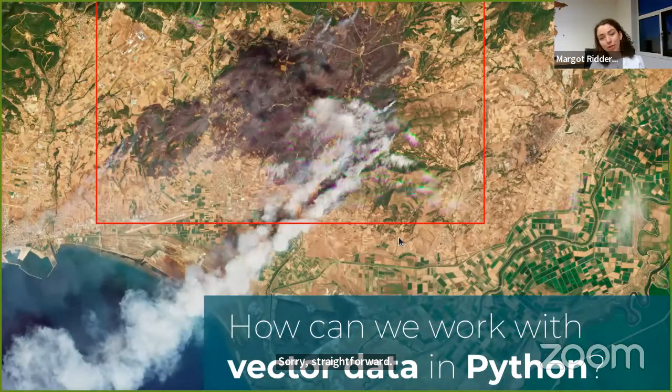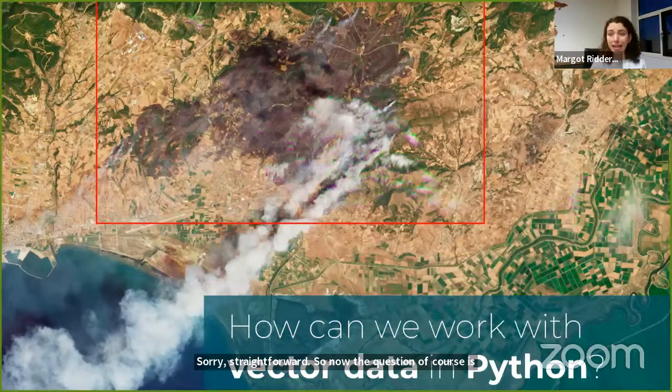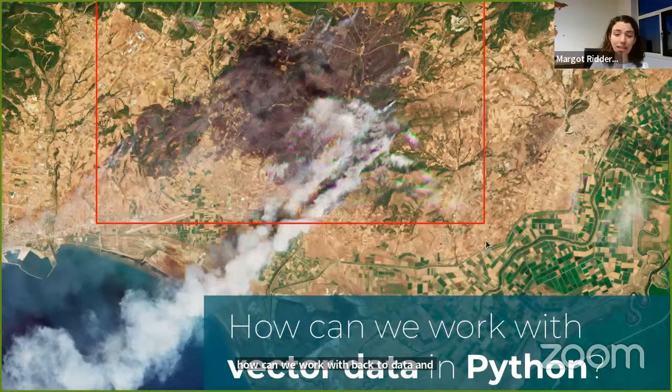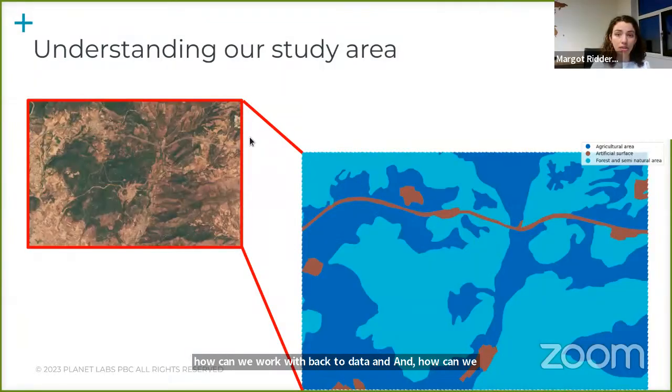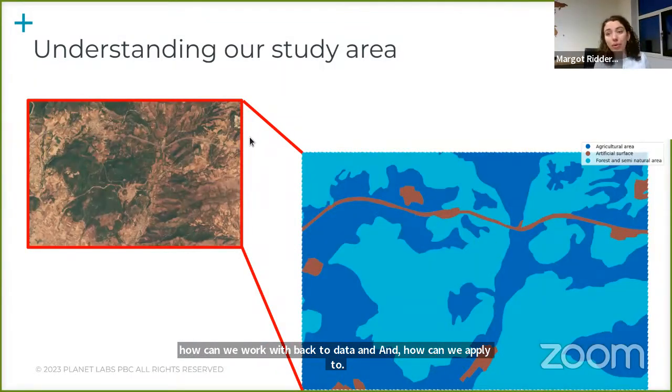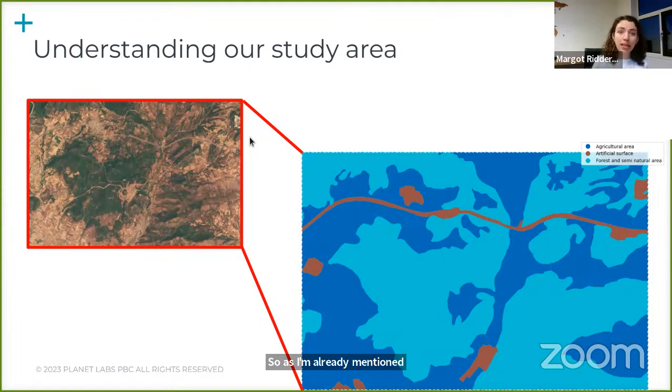So now the question, of course, is how can we work with vector data in Python, and how can we apply this to our case study? As Amber already mentioned, we want to use the land cover map and extract the forest patches from it. If this is our regular RGB image, in the notebook we will load a vector file, and you can recognize the shapes already.